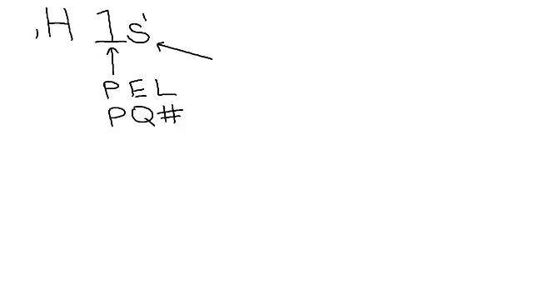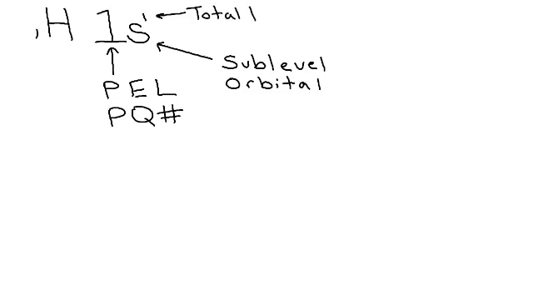We have our sublevel, or orbital. And we have the total number of electrons that happen to be in that sublevel, or principal energy level. So there's a lot of information about the address of that electron.